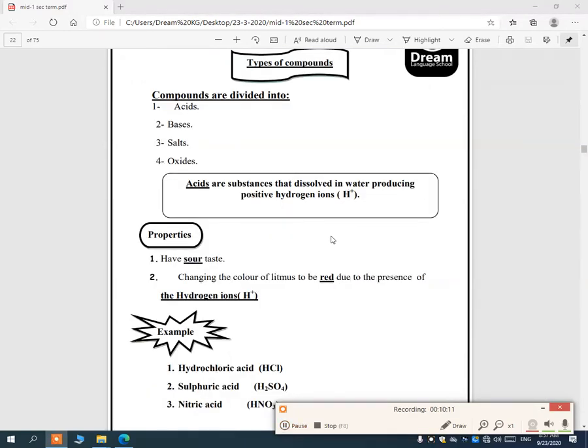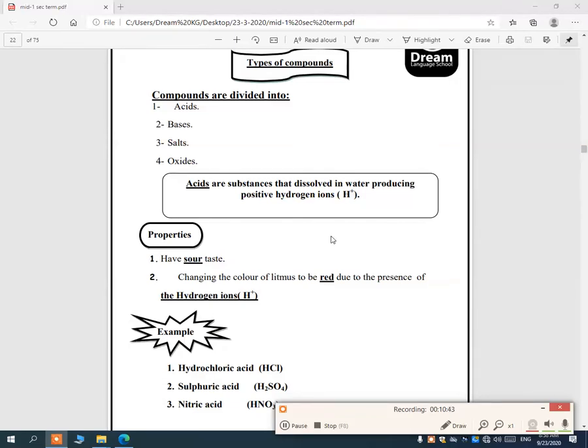Now let's talk about types of compounds. Compounds are divided into acids, bases, salts, and oxides. Now let's talk about acids. Acids are substances that, when they dissolve in water, produce the positive hydrogen ion, or H positive. What are the properties of acids? All acids have a sour taste and they can change the color of litmus paper to red.